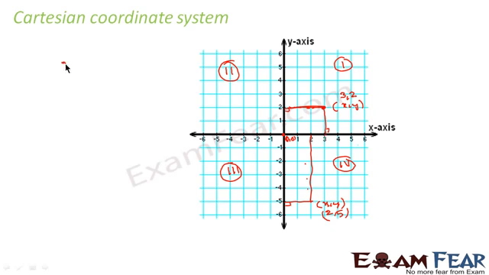For x you have to find the perpendicular distance from the y-axis, and for y you have to find the perpendicular distance from the x-axis. Finding perpendicular distance by calculation is difficult. So better, for x, for this point, you just try to see what the value is here on the x-axis only.